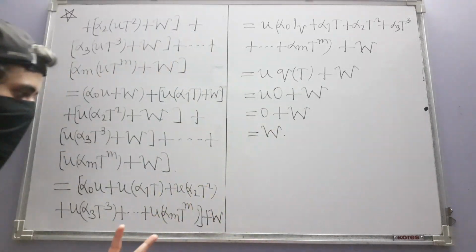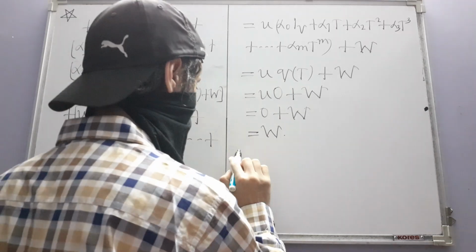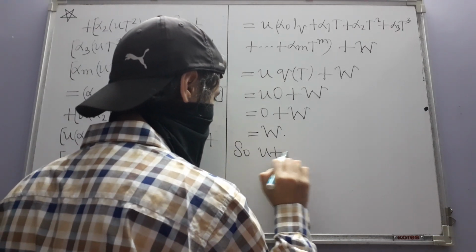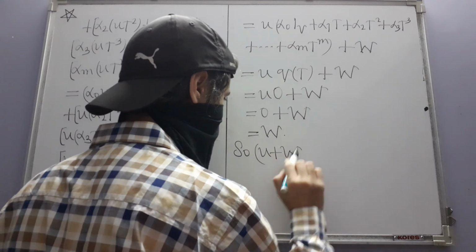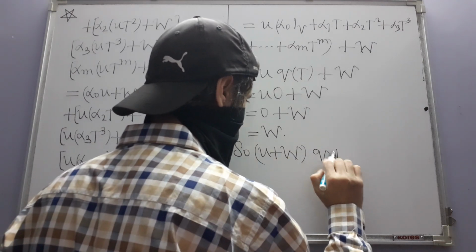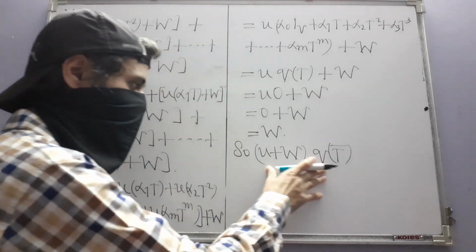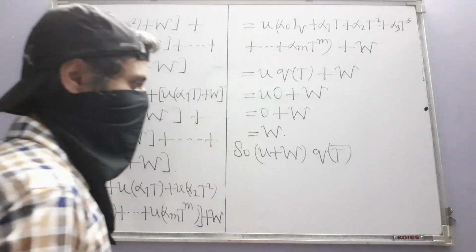So you see what we have done. On U plus W, we have applied the operator Qt bar. You remember, this is how we started our calculation.